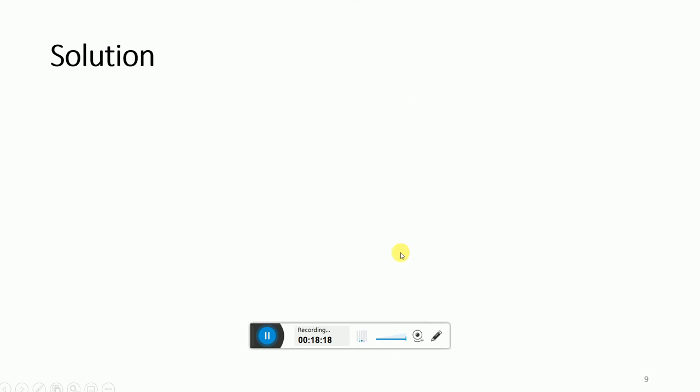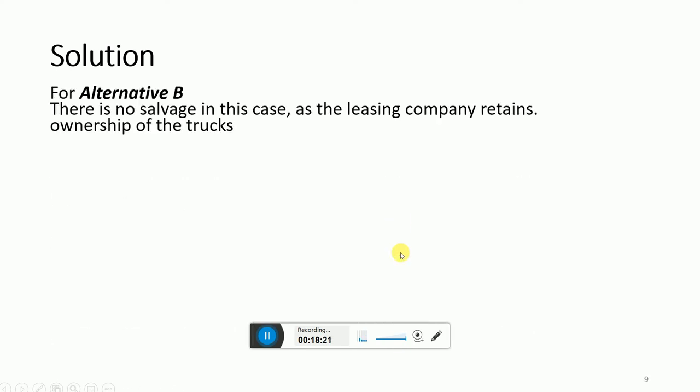Similarly, now we have to calculate for alternative B. For alternative B, there is no salvage value, as the leasing company retains the ownership of the truck. As we discussed, he has to pay 4,100 US dollars in advance of each year.